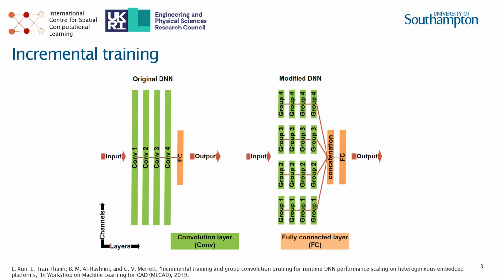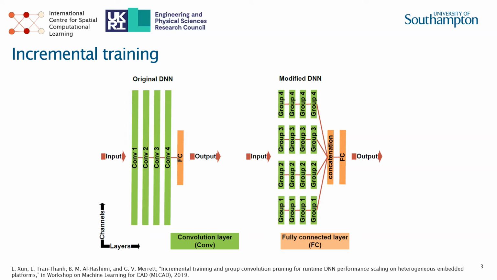As shown in this figure, we propose a specific training method to enable a network to be partially executed. We call it incremental training and group convolution pruning. For a given static model backbone, we cut the convolution layers into groups and combine them before the fully connected layer.